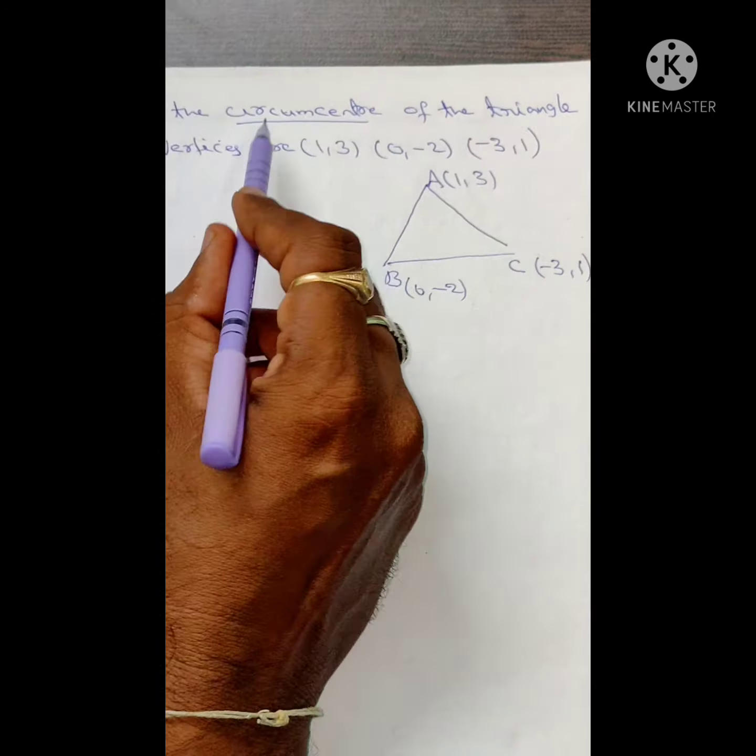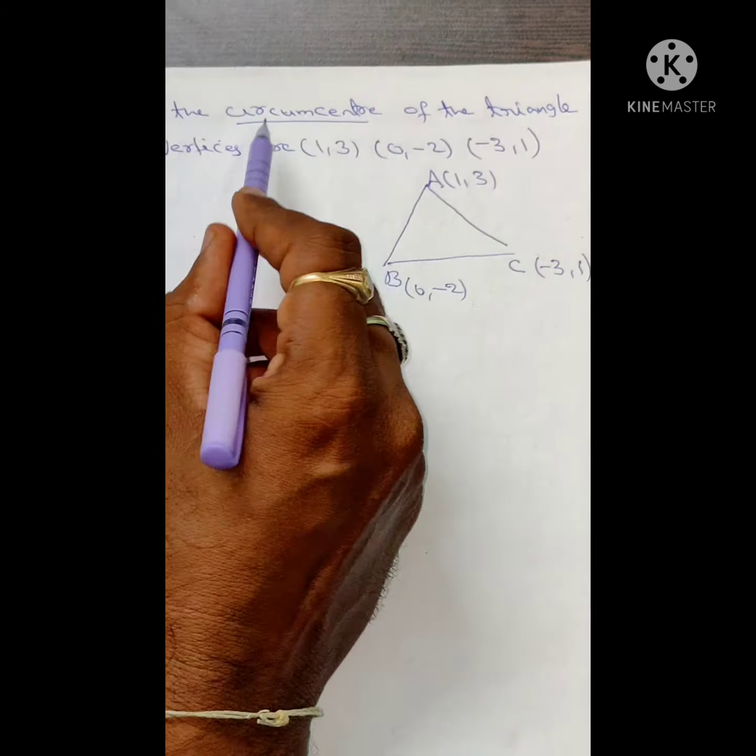Here the problem is the circumcenter. Let us assume the circumcenter is S. So S is equidistant from A, B and C: SB, SA and SC are equal. S means (x, y). Now the solution: let A (1, 3), B (0, -2), C (-3, 1).